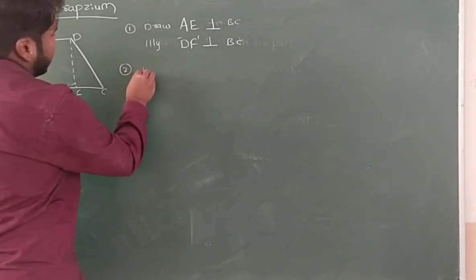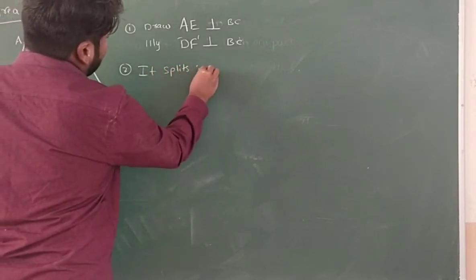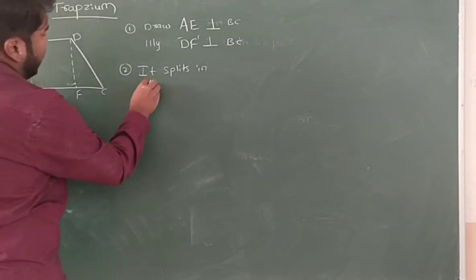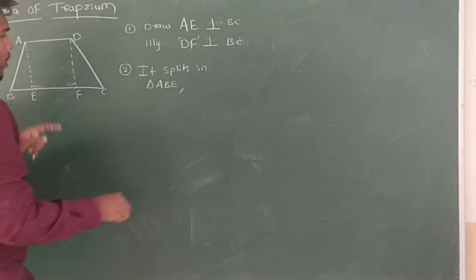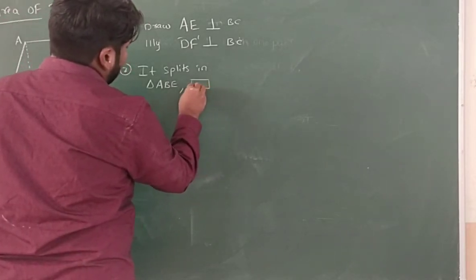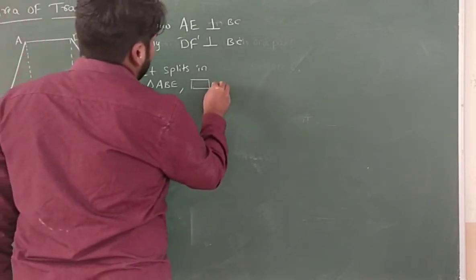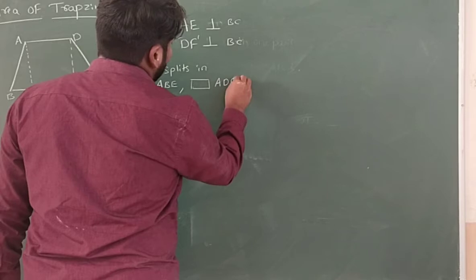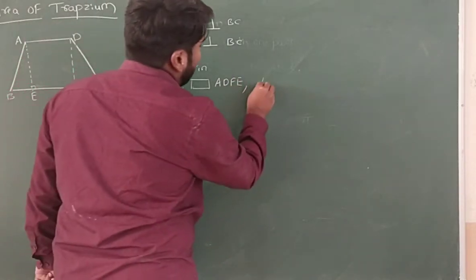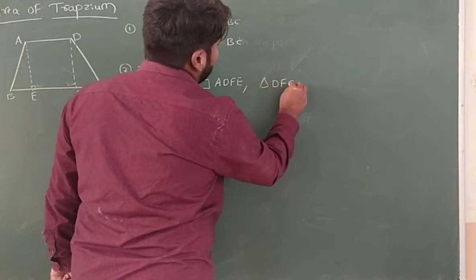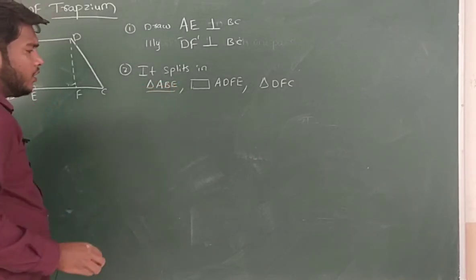So it splits into triangle ABE, similarly a rectangle AEFD or ADFE, similarly a triangle DFC.